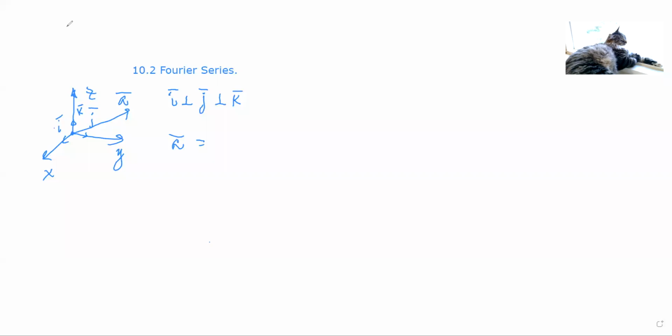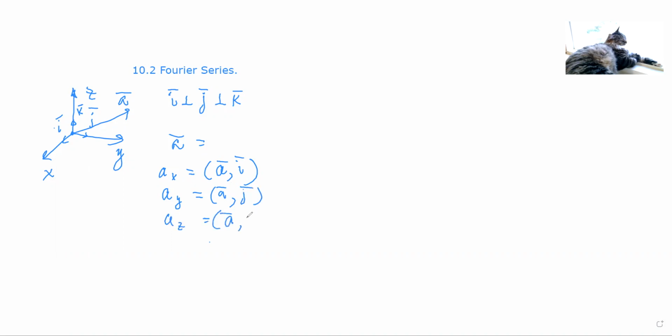To do a projection of vector A on vector I, for example, the x coordinate is going to be a dot product between vector A and vector I. And for the y coordinate, it's vector A dot product vector J, and for the z coordinate, vector A and vector K. I hope you still remember a little bit of linear algebra.